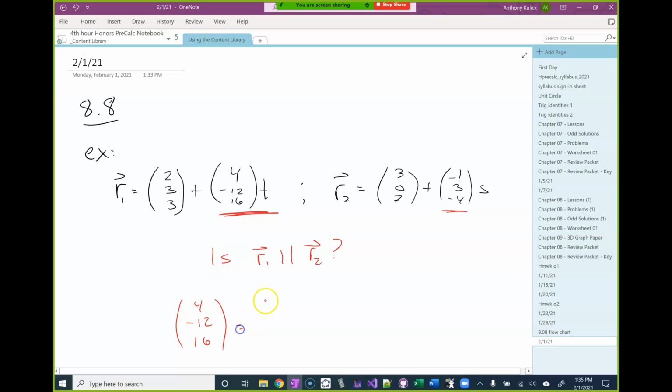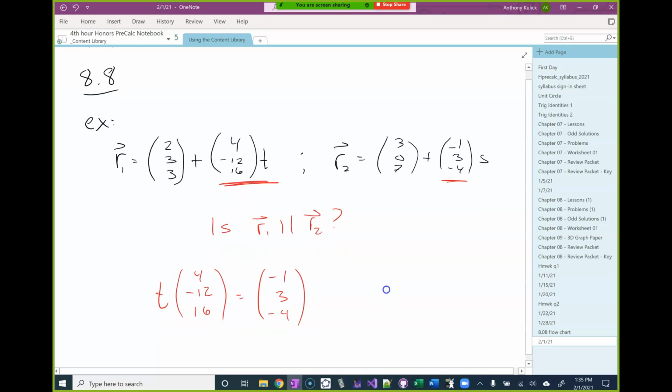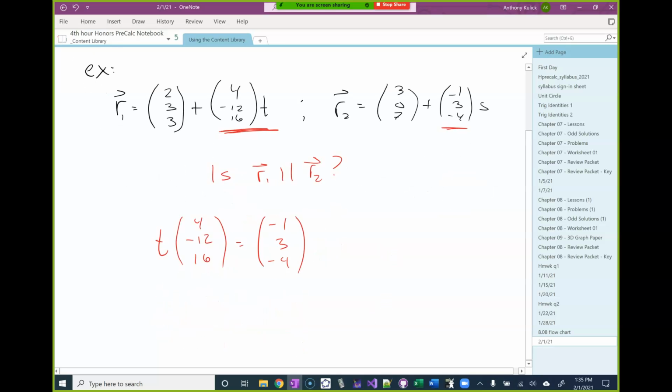So basically we're saying, can the direction of R1 be the same direction as R2? Is there a multiple of t that I can multiply to give me the same direction vector? And we can probably just do this by inspection, right? Everybody agree? If t is negative 1/4, that holds.